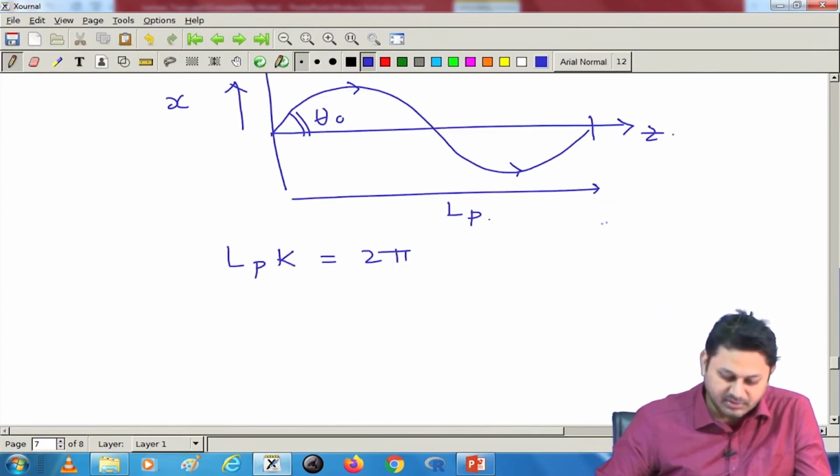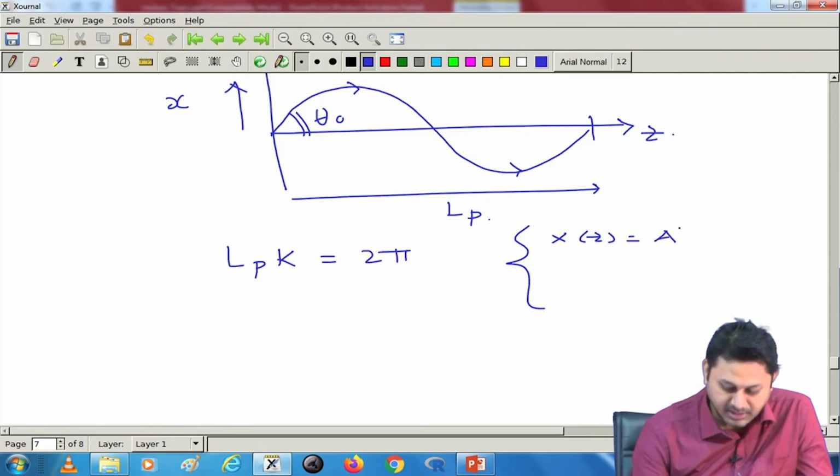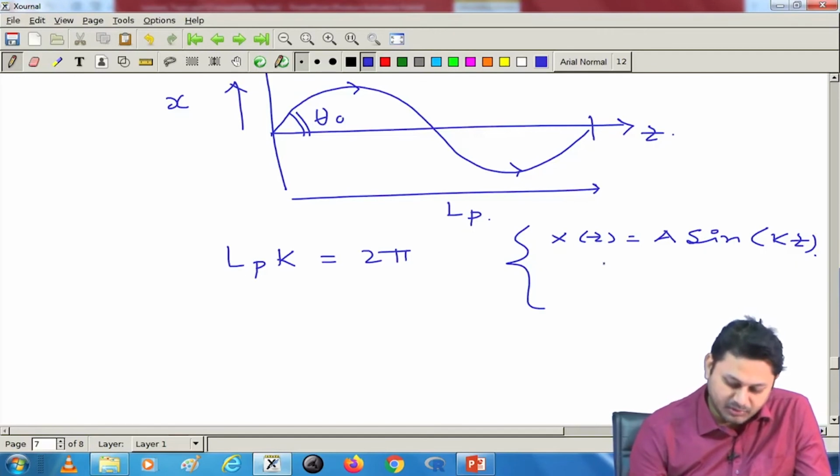Let me write my path equation once again. What was my path equation? So, x of z is simply what I already evaluated, I write it in this form. The period will be at z equal to LP.